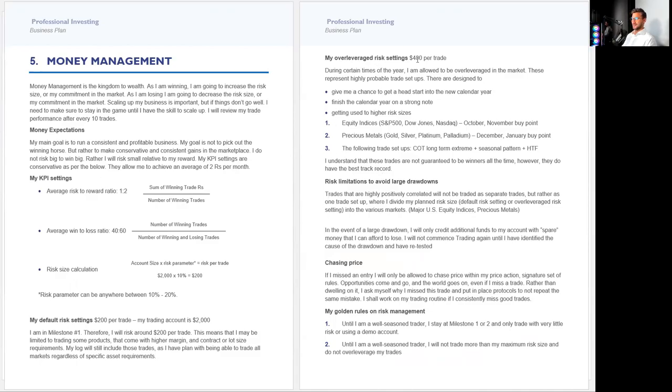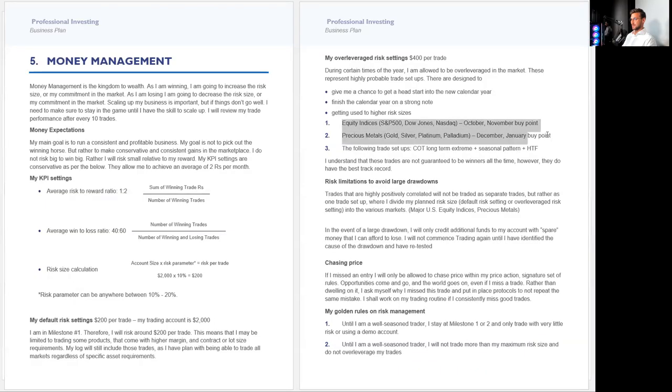Last time we ended the topic on over leveraged risk settings, and we said that when we have the following trade setups, which include fundamentals as well as technical alignment, then we're allowed to over leverage in the trade with a 2 to 3x of our normal risk size.